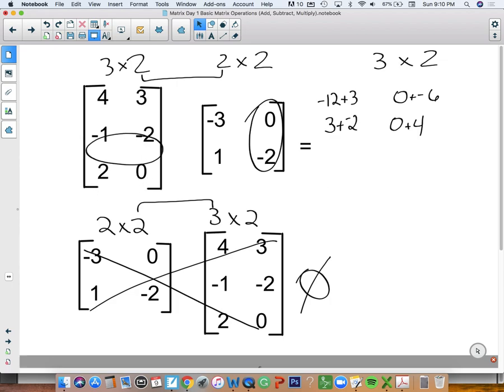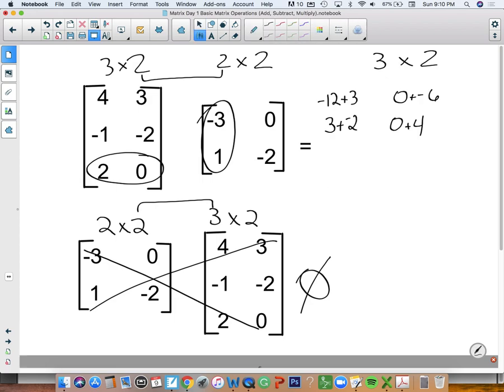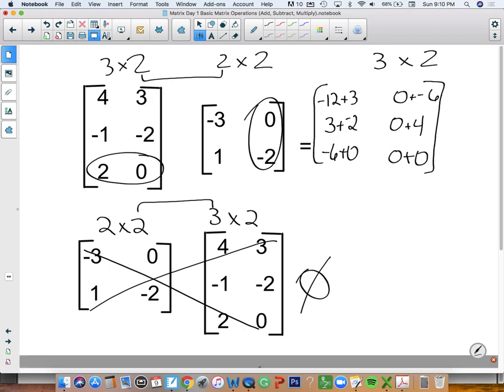We have to move down to the last row here. Okay, so we got negative 6 plus 0, and then we have 0 plus 0. And all we have to do is just kind of simplify that up, and then we'll have our resultant matrix.